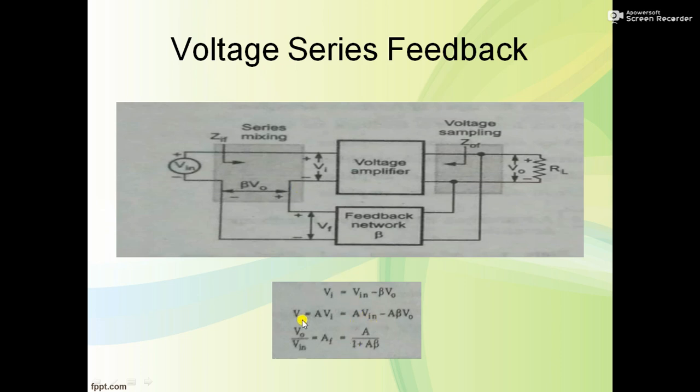Okay, so next, V naught is equal to A into Vi. A means the voltage gain of this block. This A into Vi is nothing but V naught.